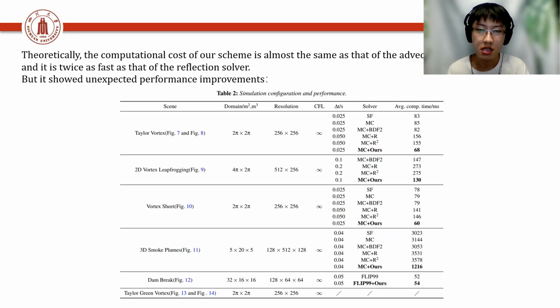Therefore, the conjugate gradient solver only needs a few iterations to meet the convergence requirements. And at the same time, this is also the reason why the computational cost of the reflection solver and the second-order reflection solver in this scene is not twice as high as that of the traditional solver.